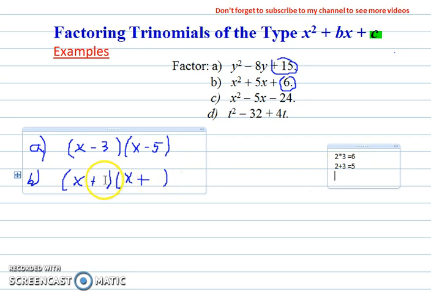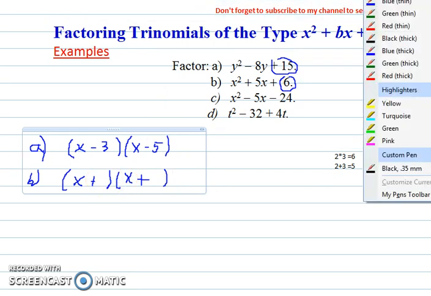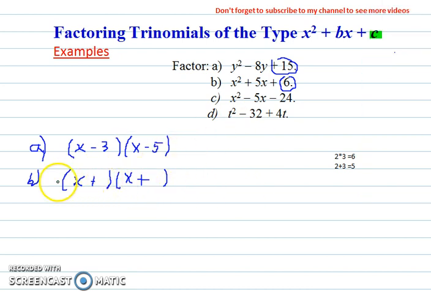So we see at this point we can factorize this trinomial. Let me take a different color right here. We can factorize this trinomial by doing x plus 3 and x plus 2.